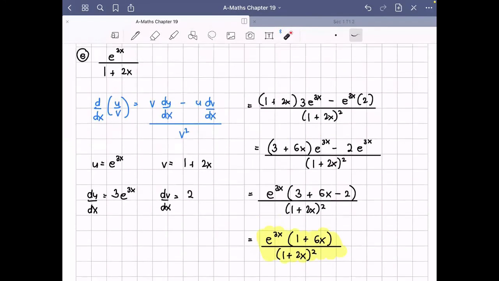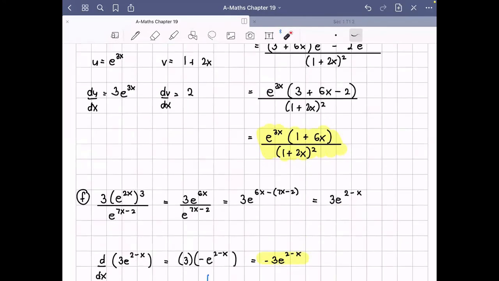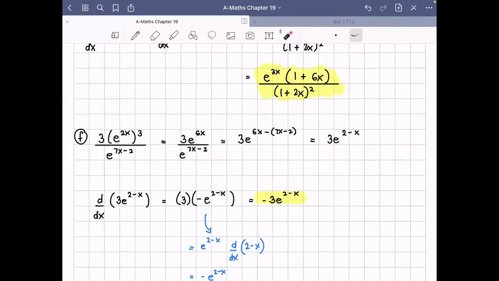Unlike here, if you're using quotient rule, because you don't have any common term on your numerator and denominator. That's why in this case, for letter E, you really need to apply quotient rule. However, again, on letter F, since you have common terms, e and e, so we can just put this on top by changing the signs, right?